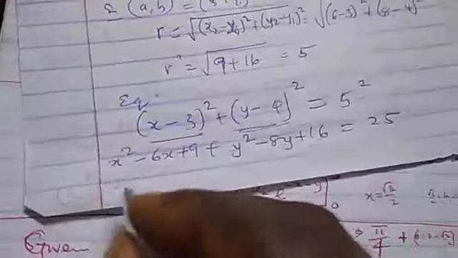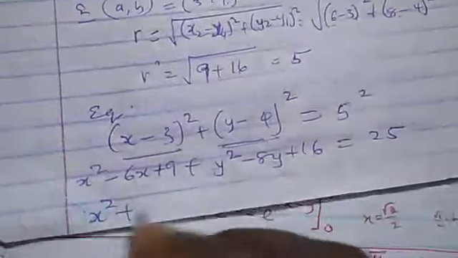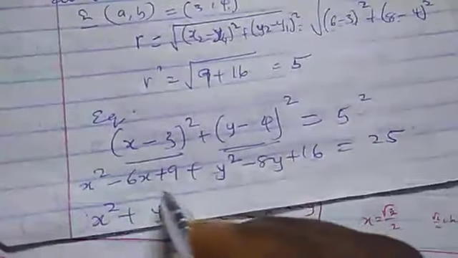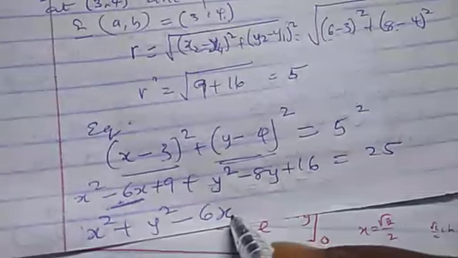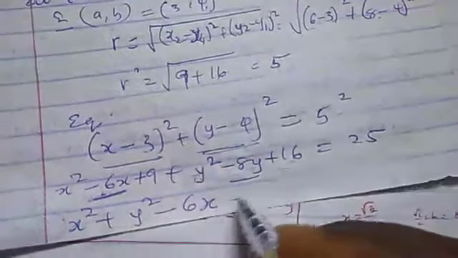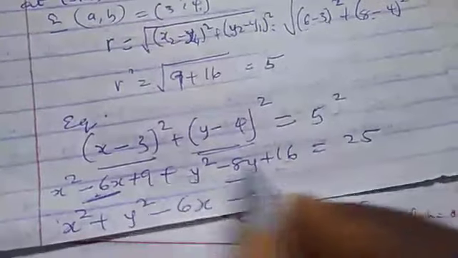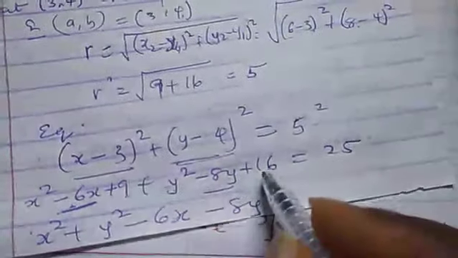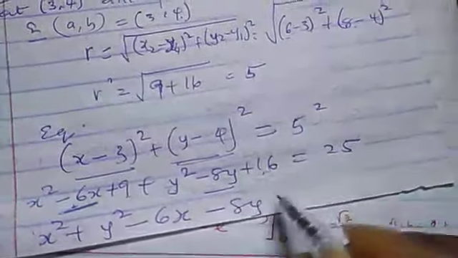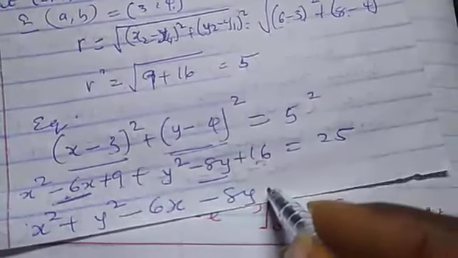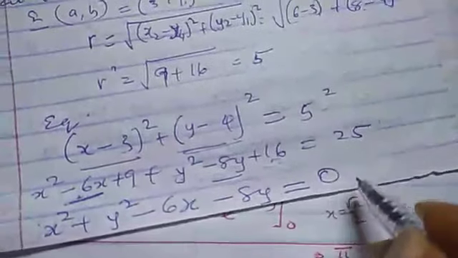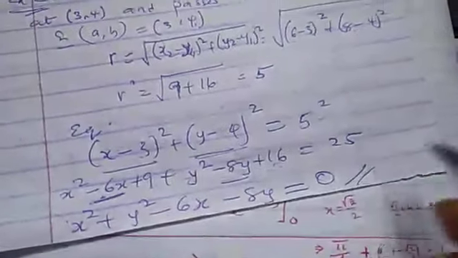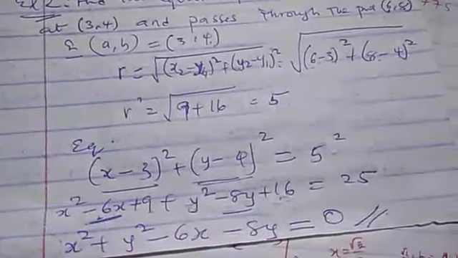It must be in this format: x squared first, followed by y squared, followed by the coefficient of x, the linear term, and the y linear term, followed by the constant. 9 plus 16 is 25. If you bring 25 in, it becomes minus 25, so that will be 0. So there's no constant there, and we say equal to 0. So this is the required equation of the circle.